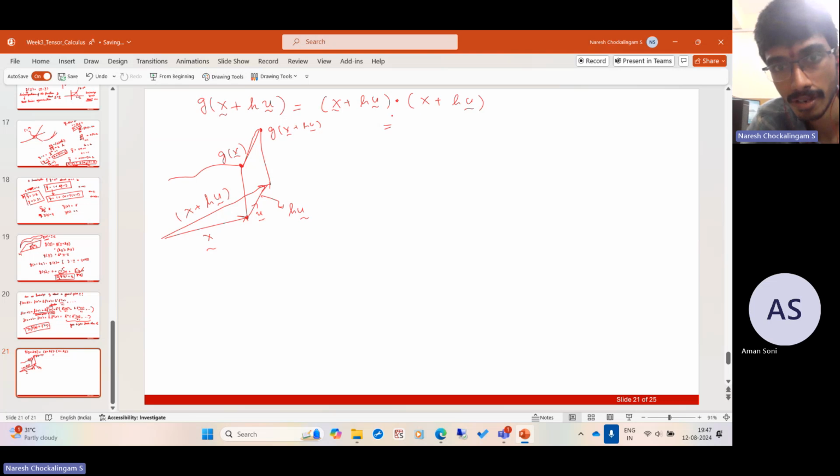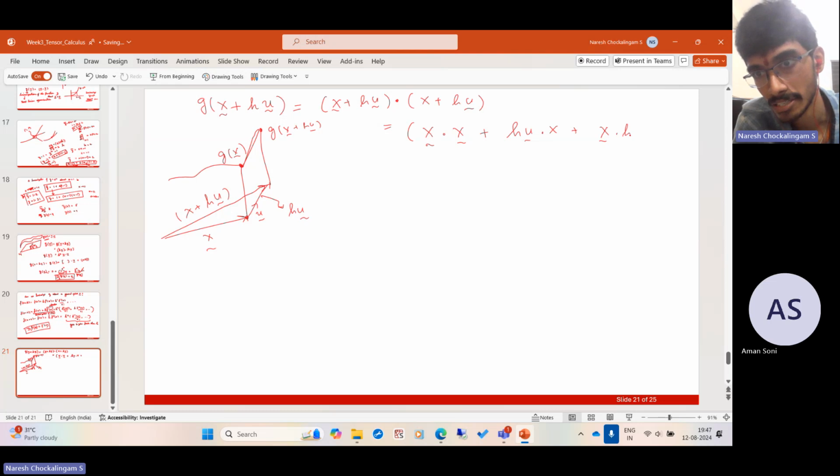What is this equal to? You can distribute it. The dot product is distributive. We get x dot x plus hu dot x plus x dot hu plus hu dot hu.